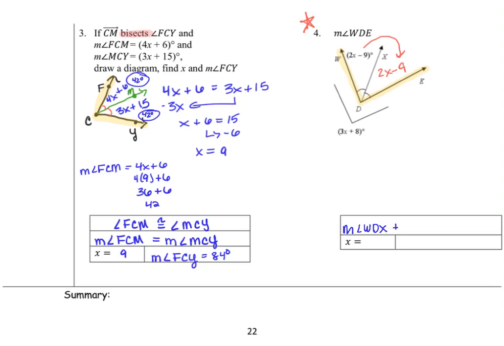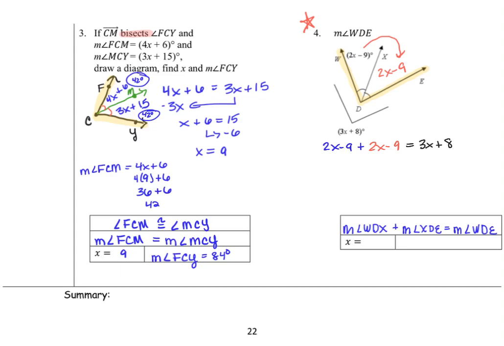If I add that to the measurement of angle XDE, that is going to equal the measurement of angle WDE. So now I'm just going to replace these angle measures with the expressions in the problem. So we have 2x minus 9 plus another 2x minus 9 is equal to the 3x plus 8.